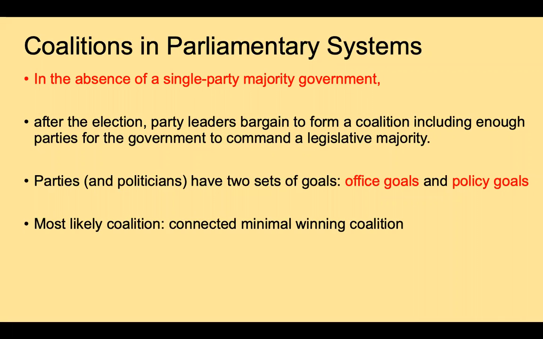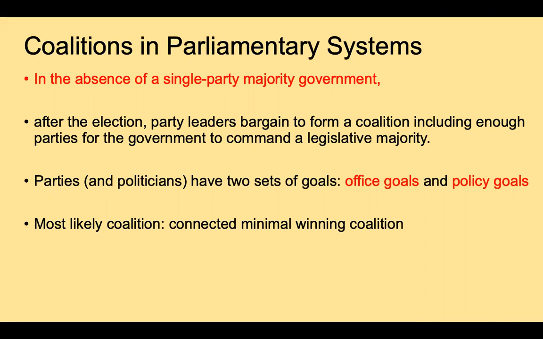A minimal winning coalition is a coalition that only includes as many votes as are necessary to pass a legislative agenda. And so if you have an assembly that consists of 100 members, you would need a coalition that consists of 51 members or 51 seats or 51 votes. Fairly straightforward.